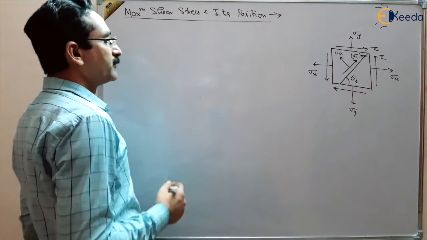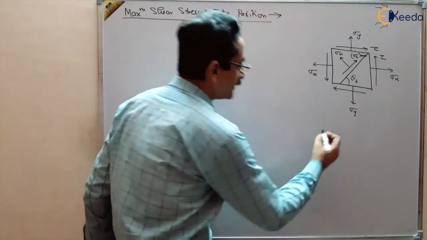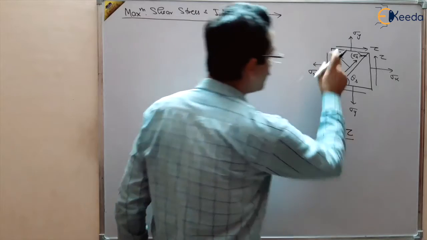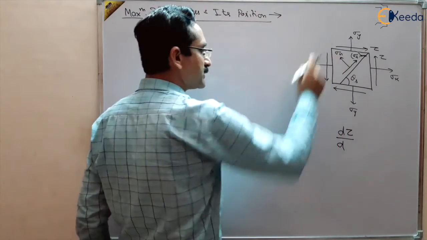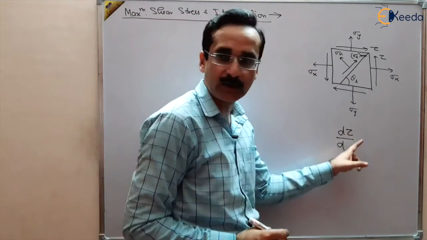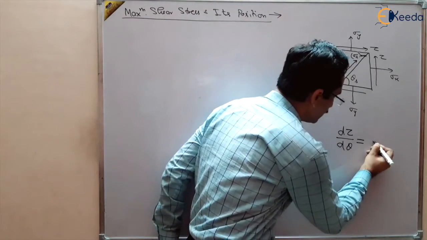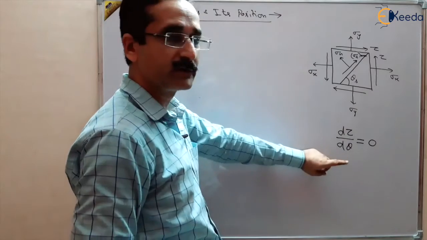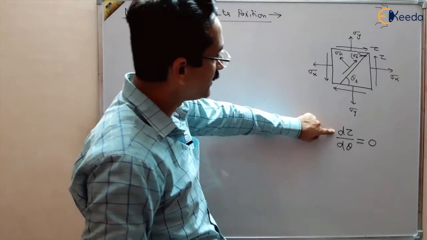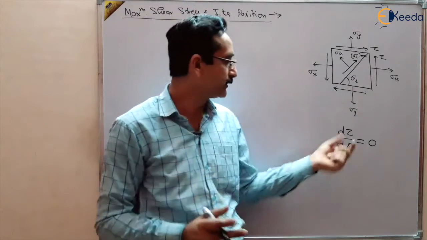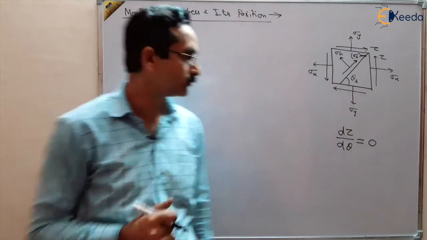We know that for maxima, the slope should be equal to 0. As we obtained the maximum normal stress or principal stress by differentiating the normal stress with respect to theta and equating it to 0, in the same way we are differentiating the value of shear stress with respect to theta, and that should be equal to 0.